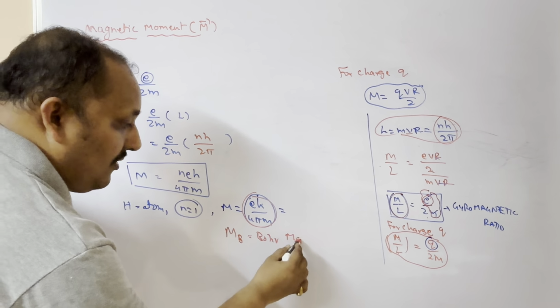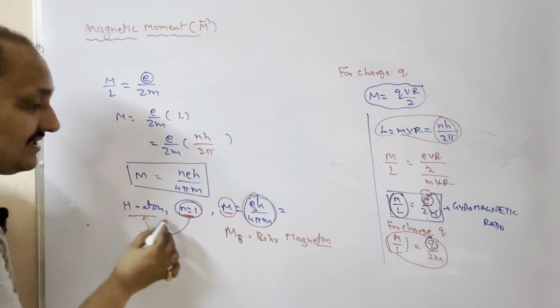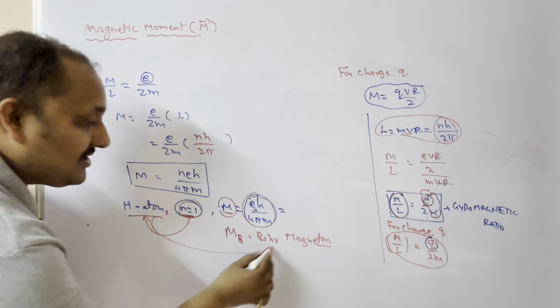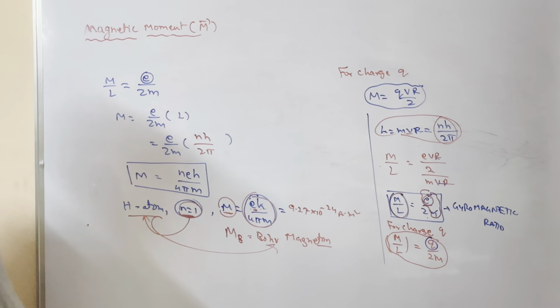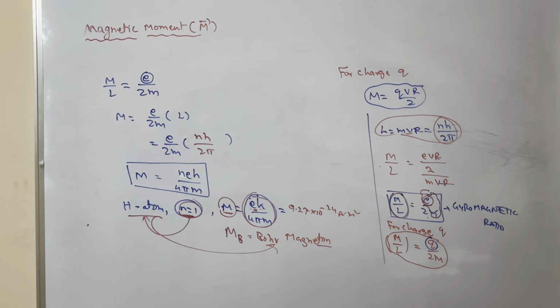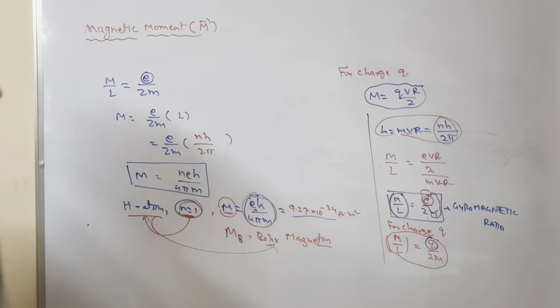The magnetic moment of a revolving electron in the first orbit of the hydrogen atom is called the Bohr magneton. This value is constant, and you can cross-check it after substituting all these values: 9.27 into 10 power minus 24.